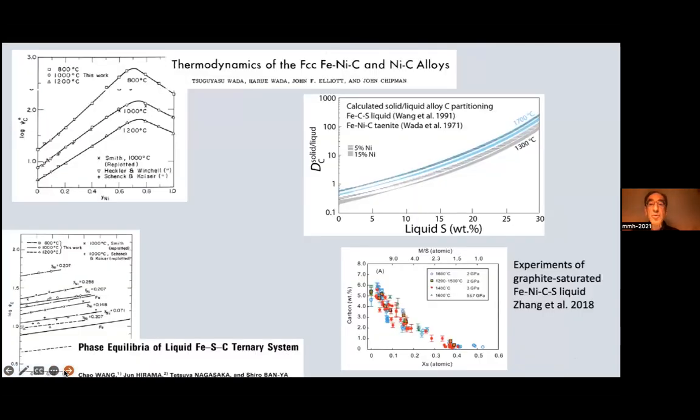And this I do with a thermodynamic model that looks at the carbon partitioning between molten iron alloy, or iron-sulfur or iron-nickel-sulfur alloy, actually, and the precipitated solid, taenite, which is the iron-nickel liquidus phase that the cores are made from. And I will spare you the details of this, but let's just assert that given a set of conditions, I can calculate how much carbon was in the liquid from the carbon concentration of any particular solid.